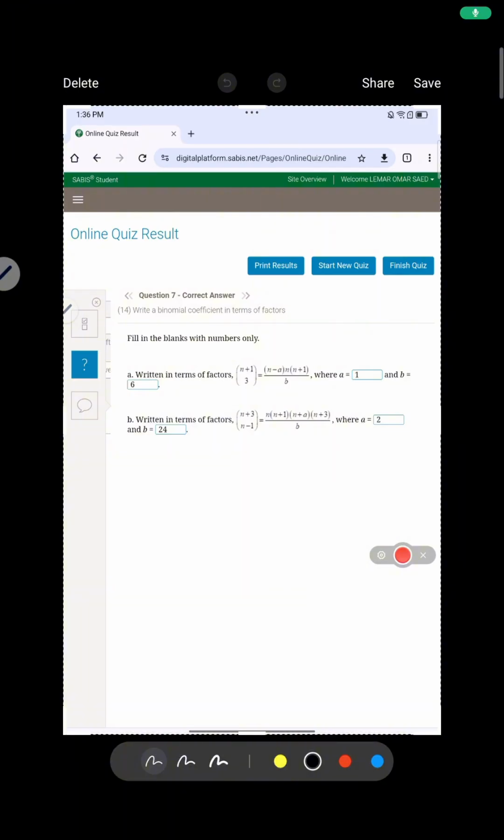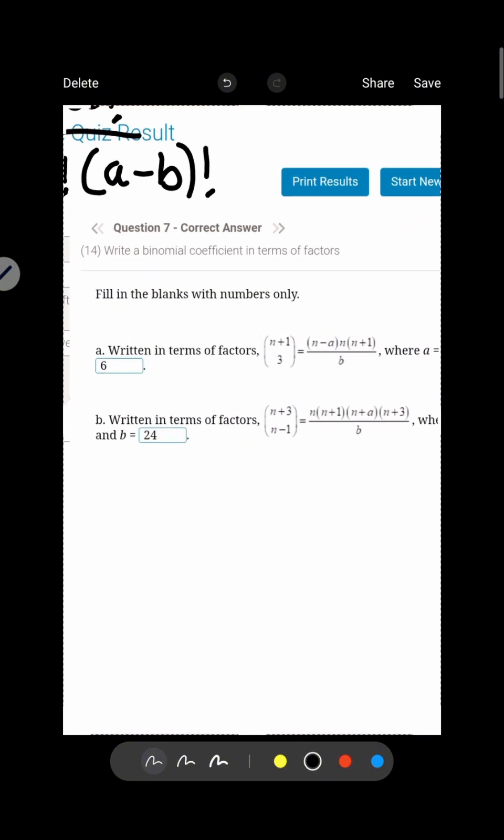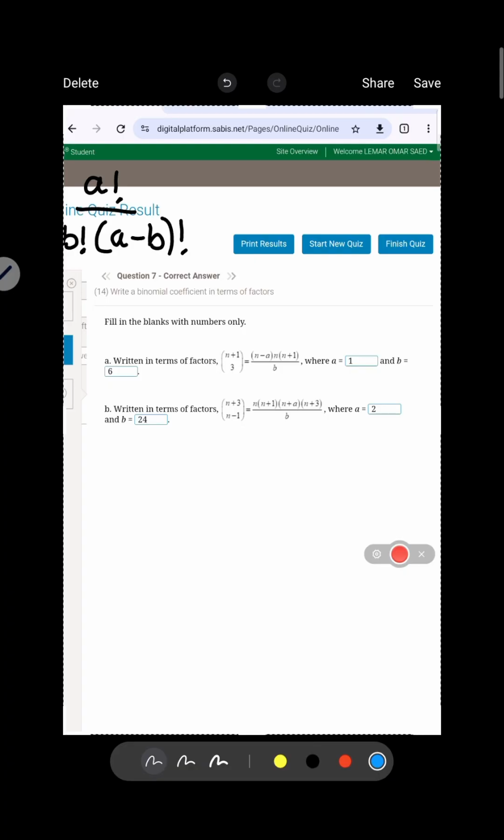Okay, this question is also the same as the one before. The rule was a factorial over b factorial times (a minus b) factorial. So first thing, we have to apply it for the first one. n plus 1 factorial over 3 factorial times (n plus 1 minus 3) factorial.